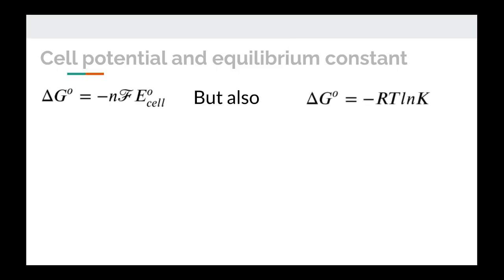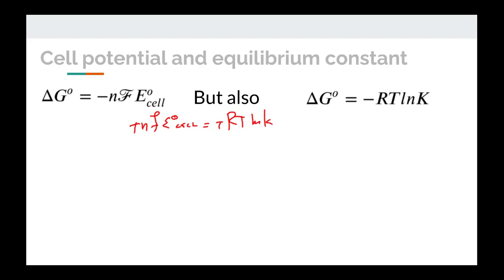But earlier, in a previous video from a previous unit, we discovered that delta G naught is also equal to minus RT times natural log of K. So let's equate these two because they're both equal. So minus n times Faraday's constant times standard cell potential is equal to minus R times T times natural log of K. The negatives can cancel from both sides.